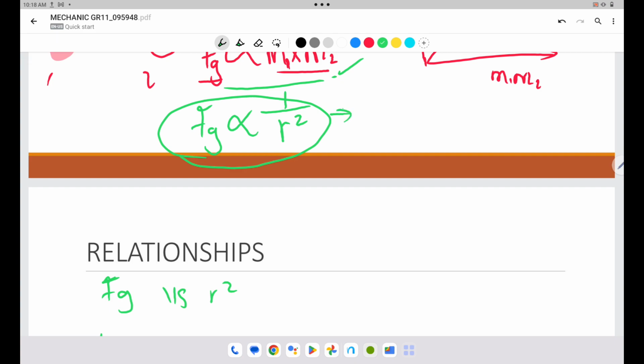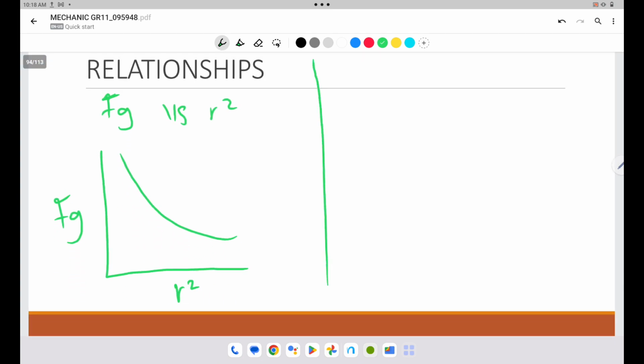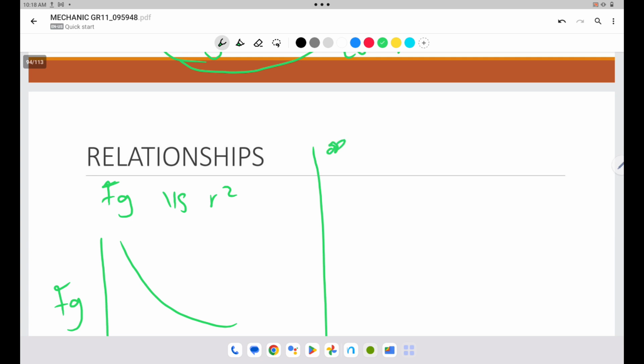You can either say Fg is inversely proportional to r squared, or you can interpret it as Fg is directly proportional to 1 over r squared.